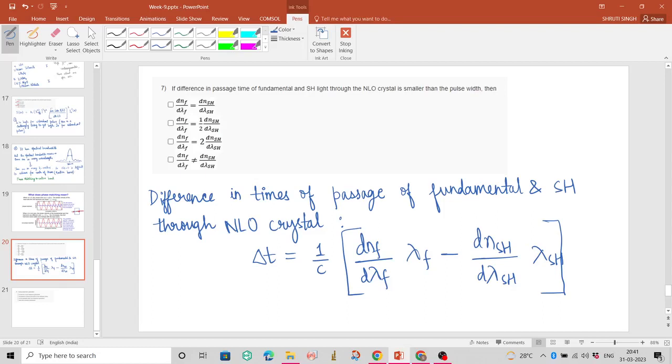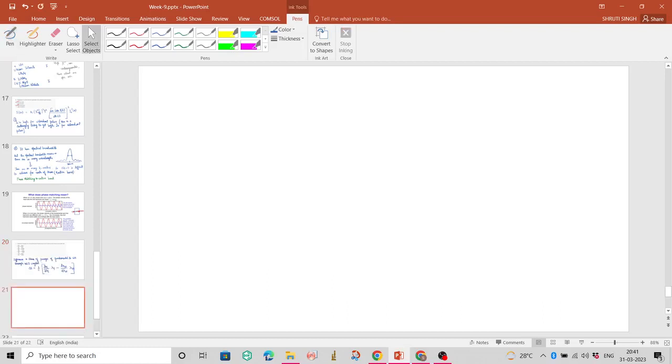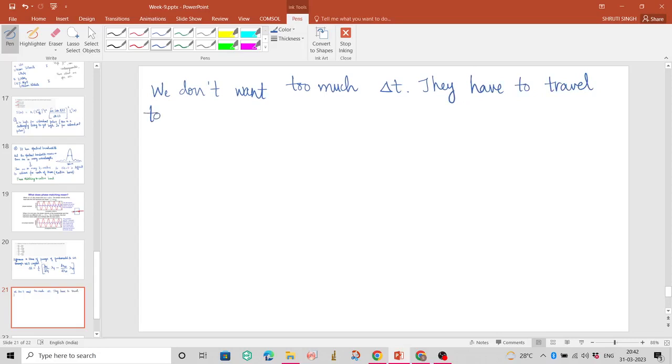If we want the difference to be smaller than the pulse width, then actually we don't want too much delta t, because for the wave packet to sustain.